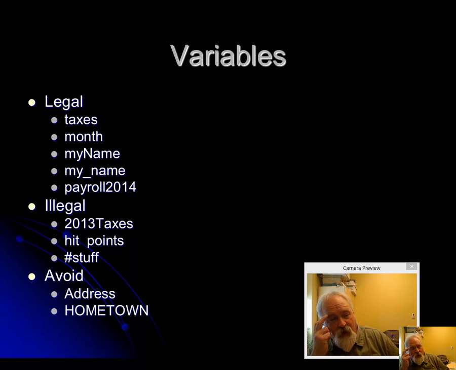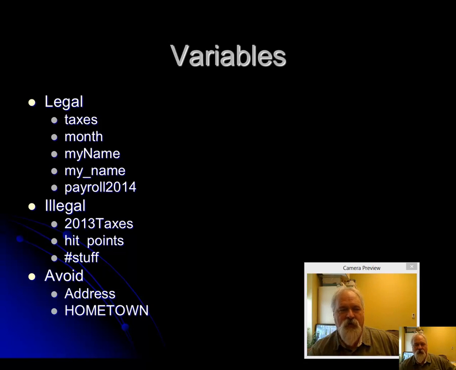Things to avoid. Putting an uppercase as the first letter usually indicates that it is a class. I think this is on the homework. When I say avoid, what I'm getting at is there are certain conventions in programming.